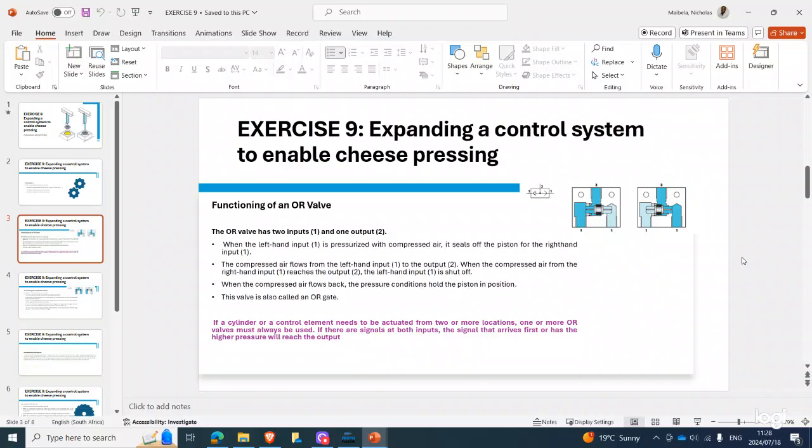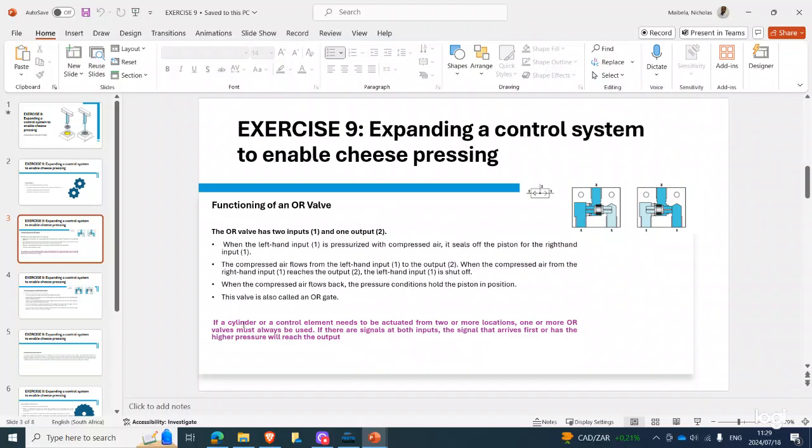To activate that operation, you need to create an OR condition, so that either the person in the control room or the operator on the assembly line can initiate the process. Either of these push buttons can be pressed, which causes the cylinder to advance. This is how the functioning of an OR valve works.